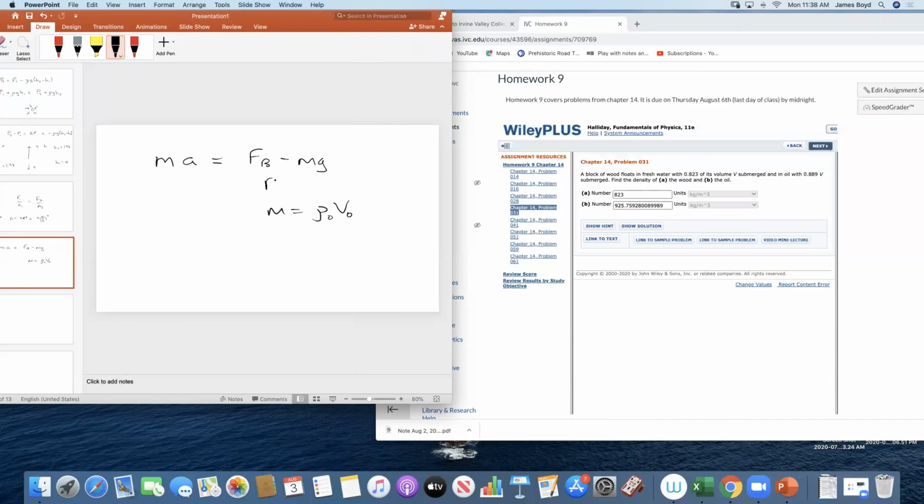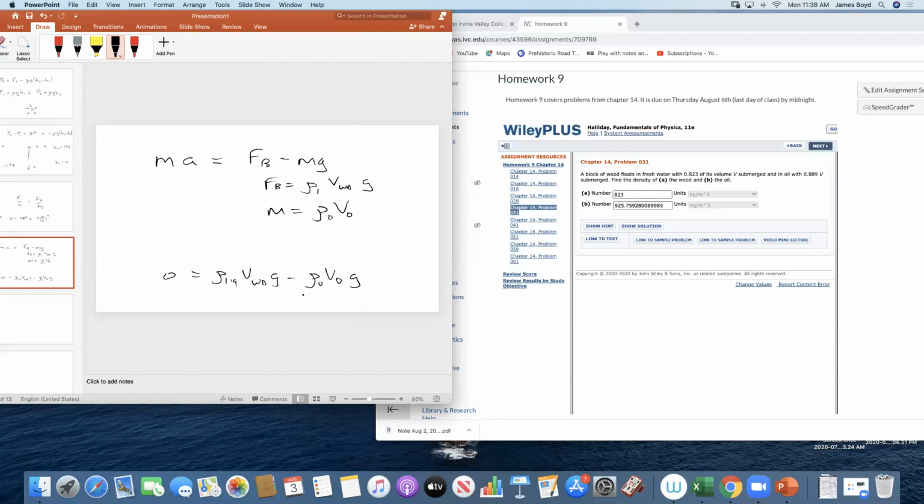The force of buoyancy is the density of the liquid times the volume of the water displaced, or the volume inside that liquid, times g, okay? So if the object is floating, it has no acceleration, and therefore a is 0. And you end up with the density of the liquid times the volume in the liquid minus the density of the object times the volume of the object times g.